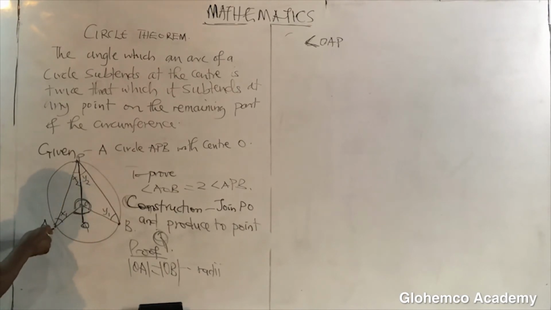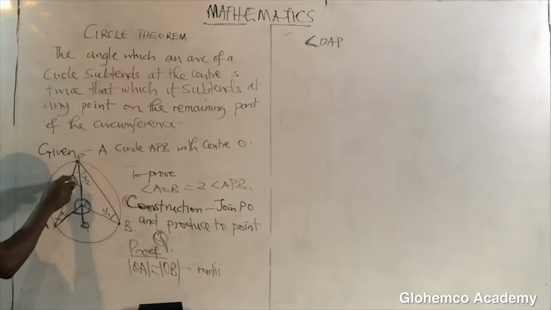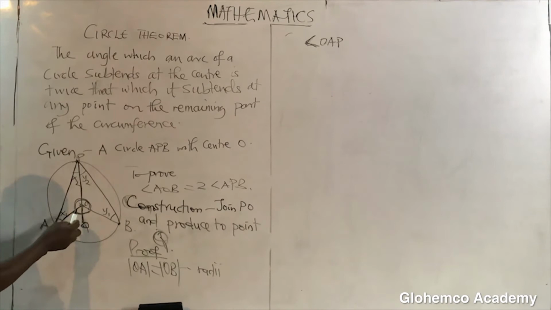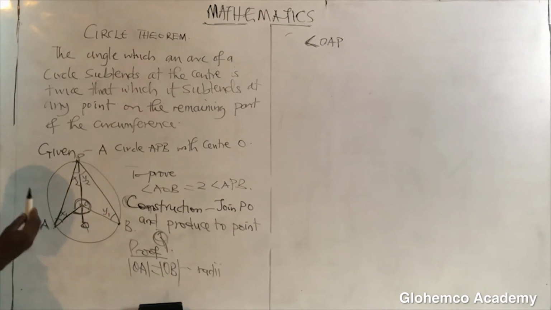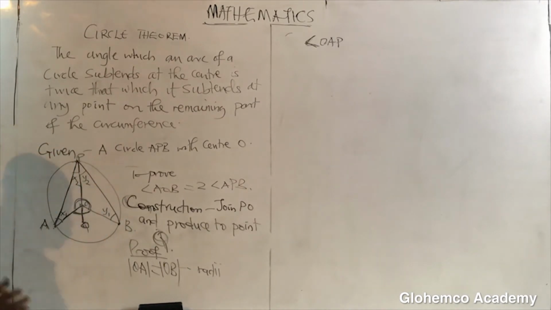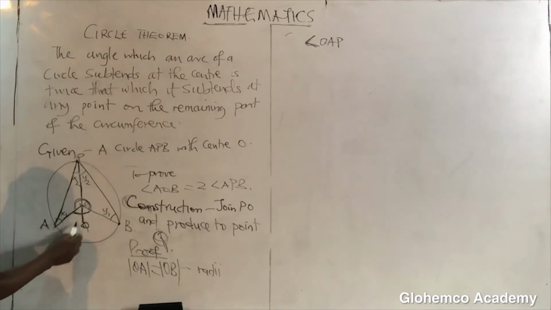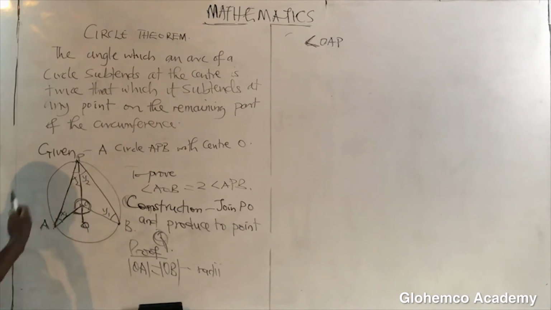What type of triangle is this? The type of triangle we have here is an isosceles triangle, because this is a radius, this is a radius, and this is a line. We said in an isosceles triangle, two sides must be equal. Now, if two sides are equal, it means the two base angles must also be equal. So what are the base angles of this isosceles triangle? x1 and x2.